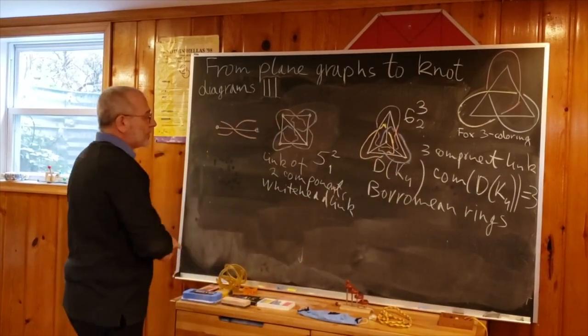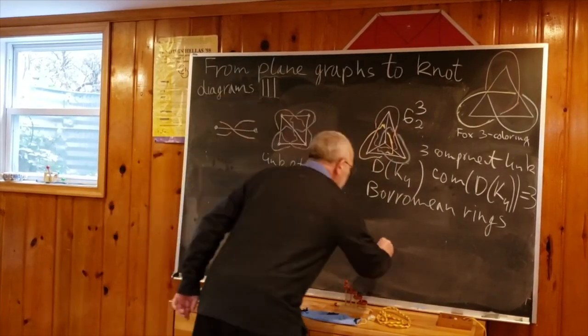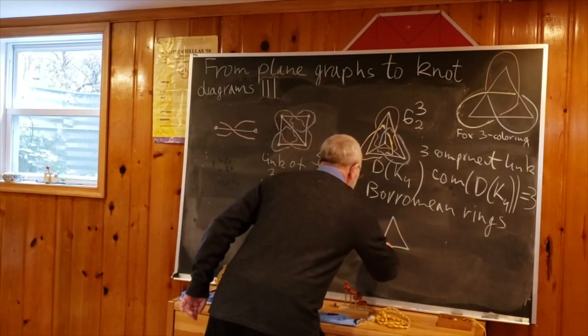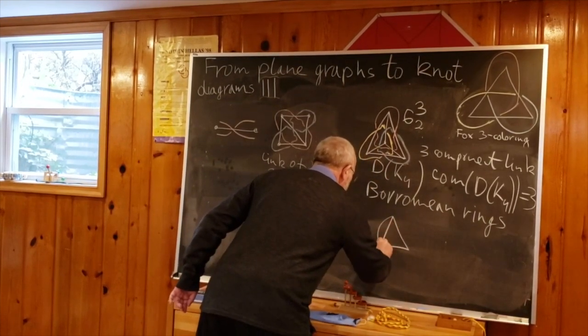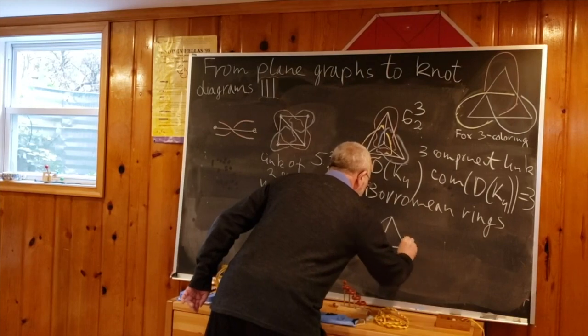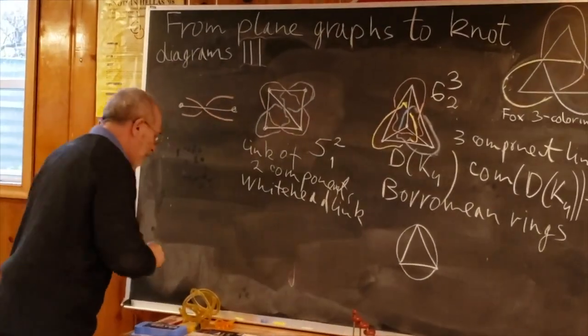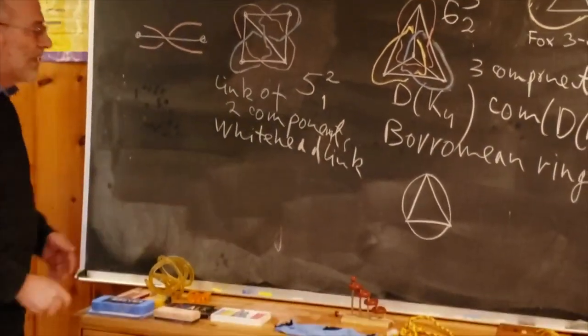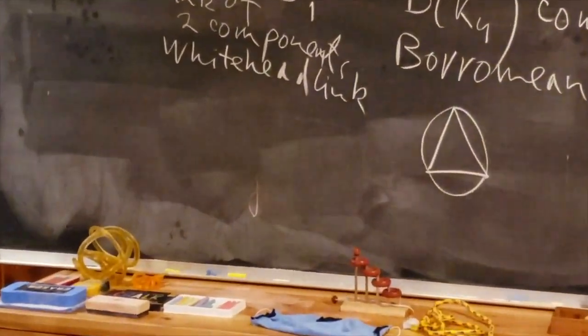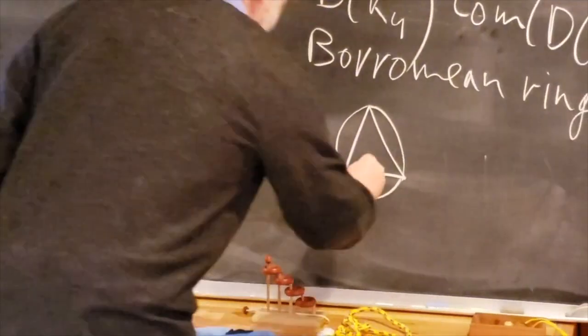The next one is really a triangle with every edge doubled, coming from such a graph. So this is the plane graph, and now we have to draw the link. I already told that it will be a link of 3 components, but let's check.